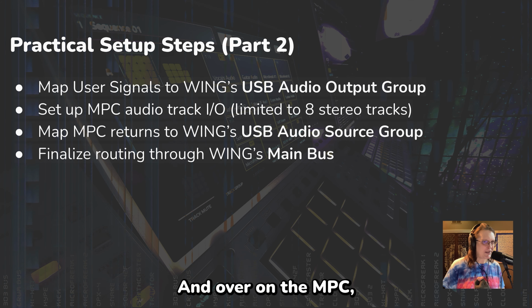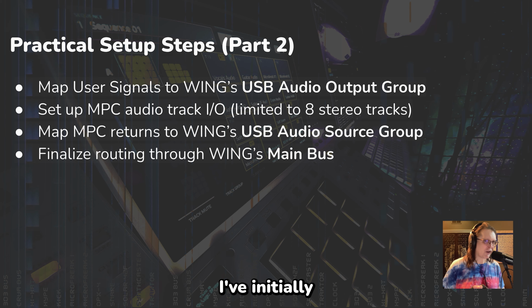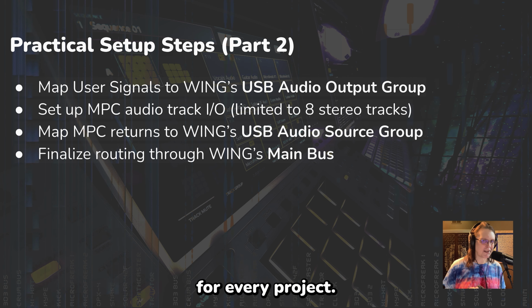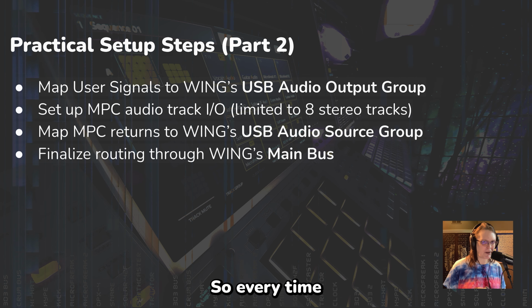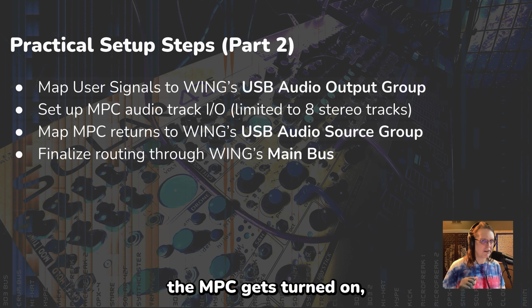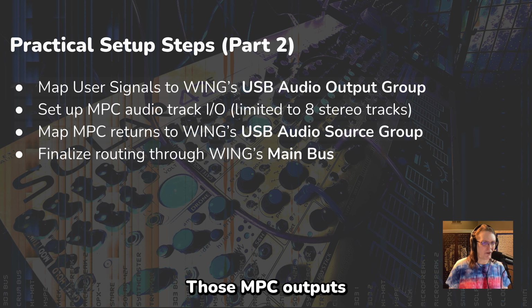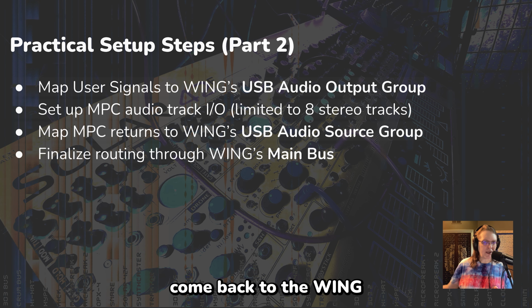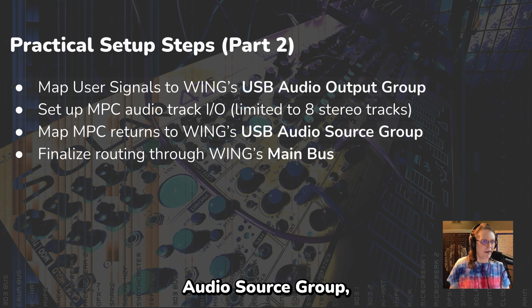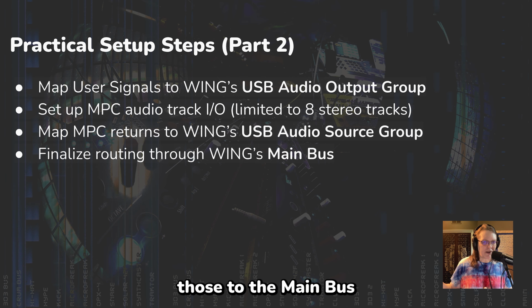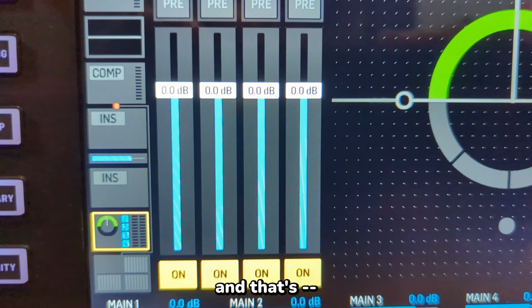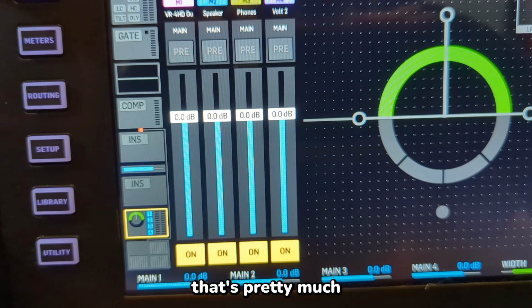Once I've initially got this stuff set up, I don't do this for every project. I save it as the default project, so every time the MPC gets turned on, it's just got these settings ready to go. Those MPC outputs come back to the Wing as the USB audio source group, and I assign those to the main bus for monitoring or recording. And that's pretty much the whole flow.